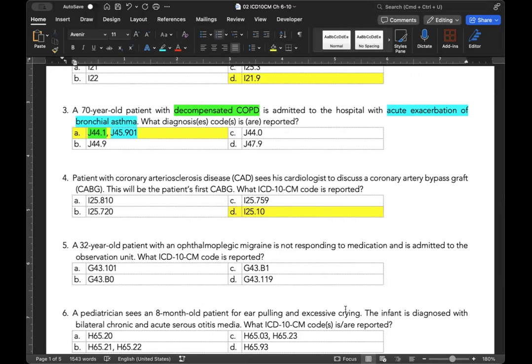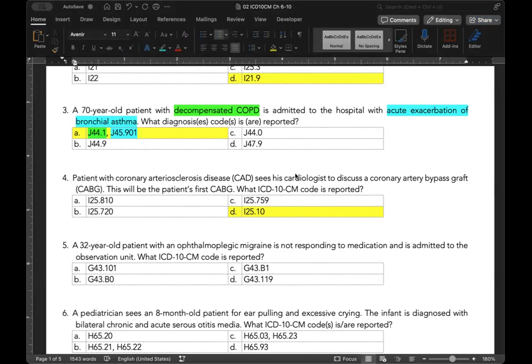Sorry, I do have a question, and I'm sorry to interrupt. For I25.810, it says coronary artery bypass graft without angina pectoris. And then for I25.10, it also says without.